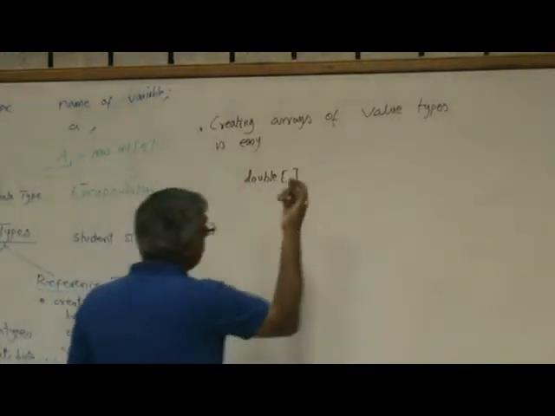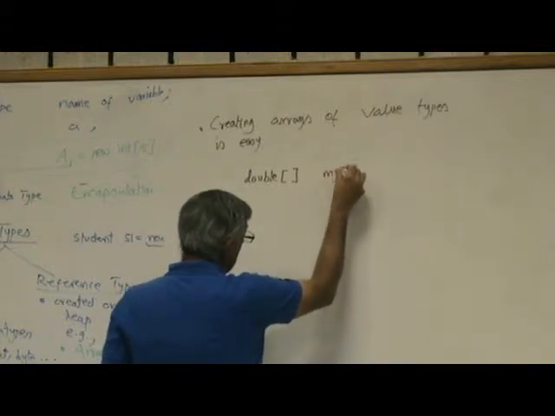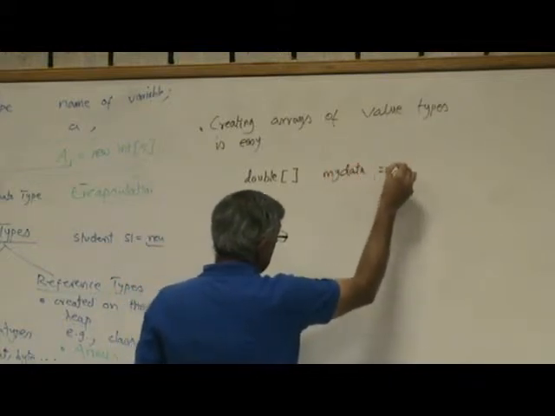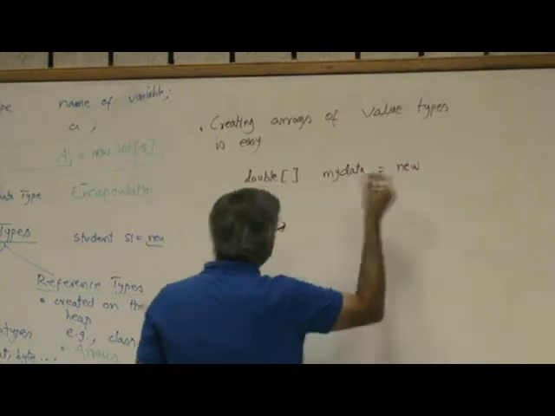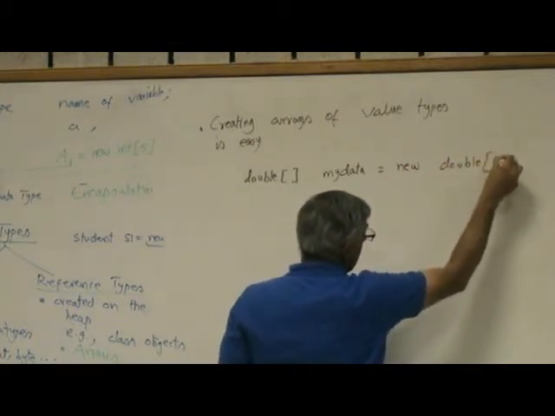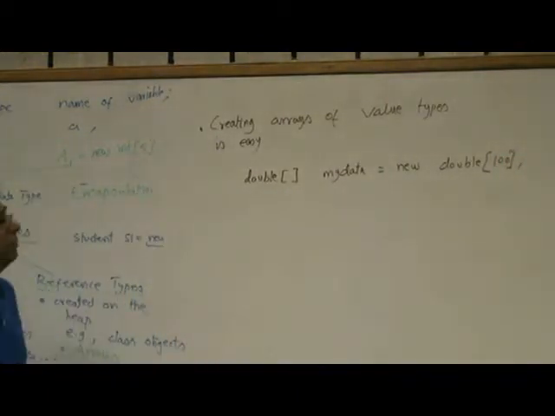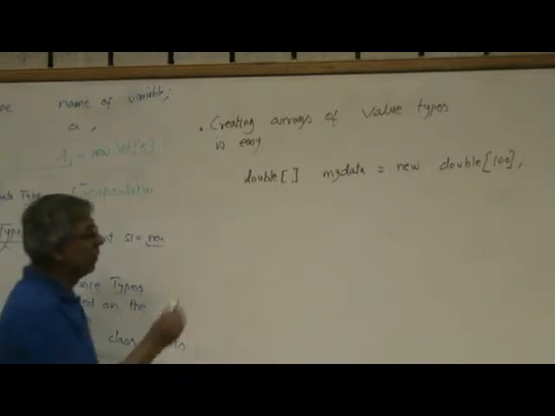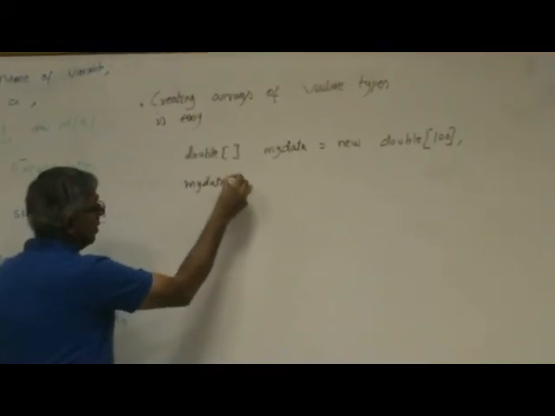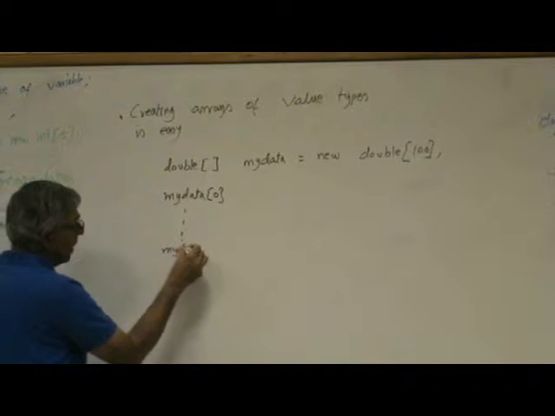Now you can pick the name of the array, for example, my data equal to new double of 100. How many memory locations will it give you? 100. First memory location will have an index of 0, my data of 0. And last one will have my data of 99.